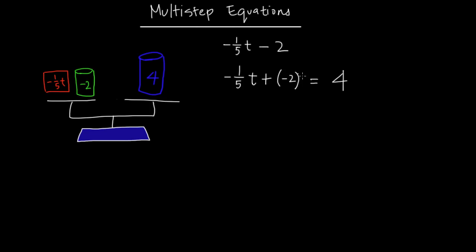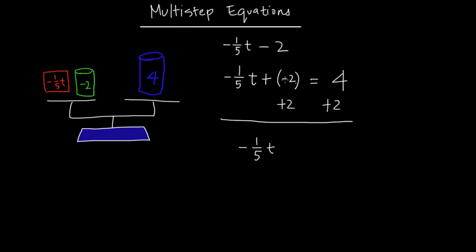So what we have to do is actually add the opposite of this in order to isolate just this first negative 1 over 5 t. And so if we add a positive 2 to this side, and if we add a positive 2 to this side, oops, my 2 didn't come out too well. What we're essentially going to have on this left-hand side is negative 1 over 5 t.